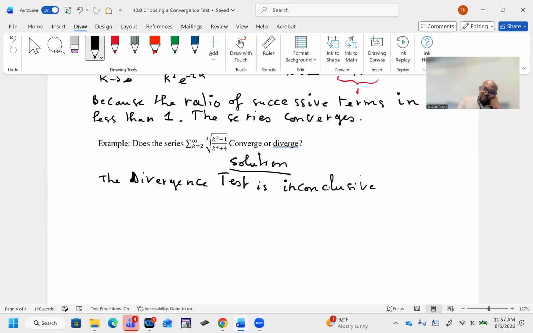So you can see, we can use the comparison test, right?